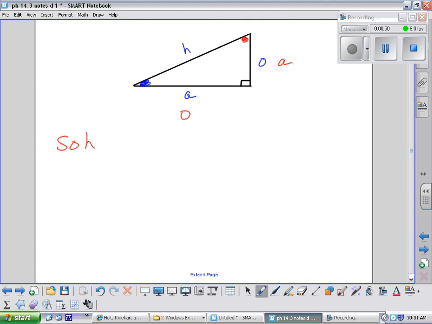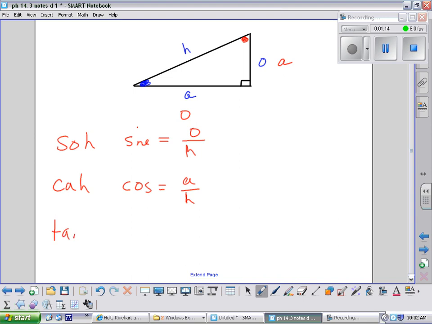So sine equals opposite over hypotenuse. Cosine equals adjacent over hypotenuse.